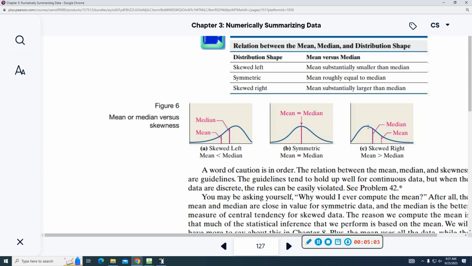And then if you have low values, say prices of some houses are not very high, but then you have one really, really expensive house in the neighborhood, when you do the average, because of the expensive house, it's going to move the mean to the right. It's going to make it look higher than what it should be. So really high or really low values are called extremes, and they will cause the median or the mean to move left and right.